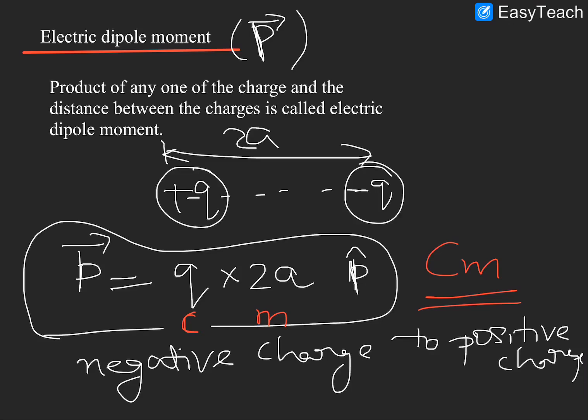Okay, dimension also you can find out by using the dimensions which you already know. Q is nothing but it, and 2a is nothing but distance. Distance means dimension of length. Okay, so it multiplied by dimension of distance, that is length, that will be the dimension for dipole moment, it L.